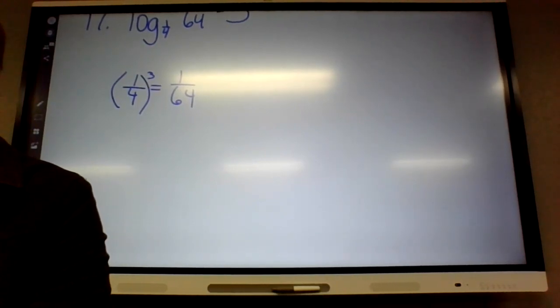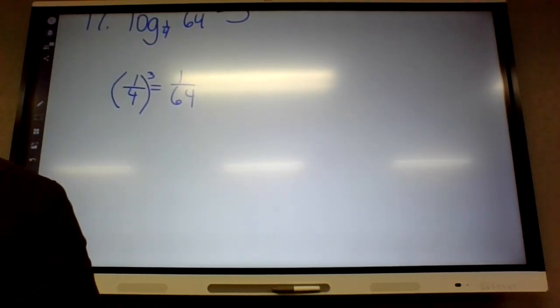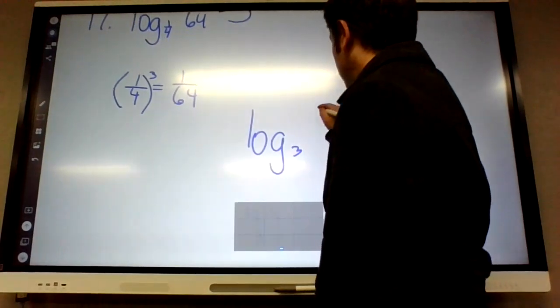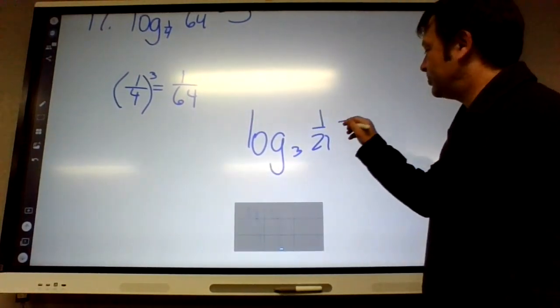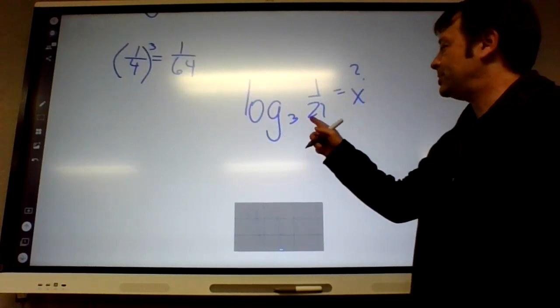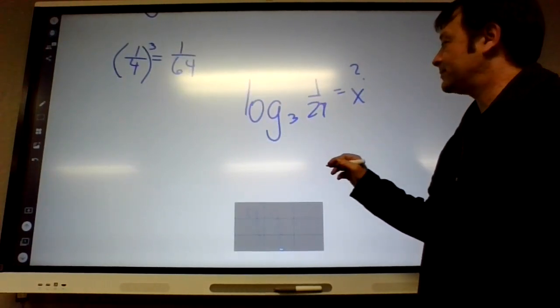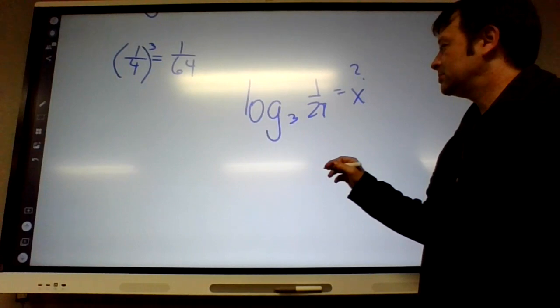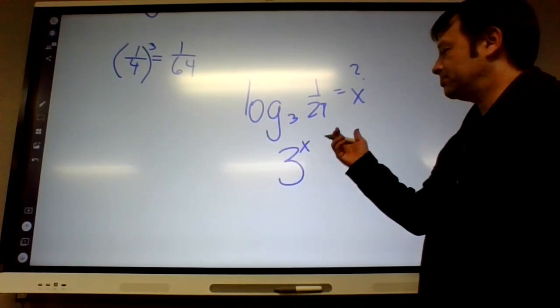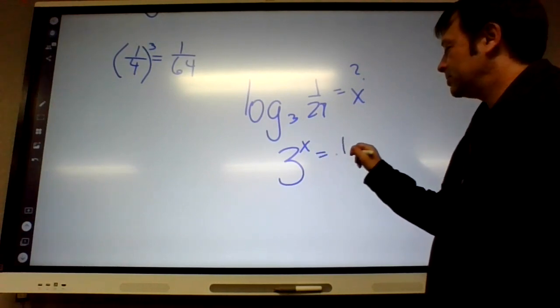I kind of talked about this at the beginning. Log base 3 of 1/27 equals blank, like a question mark. So I'll put an x out here. What would this be if I changed it to an exponential function? 3 to the x equals 1/27.